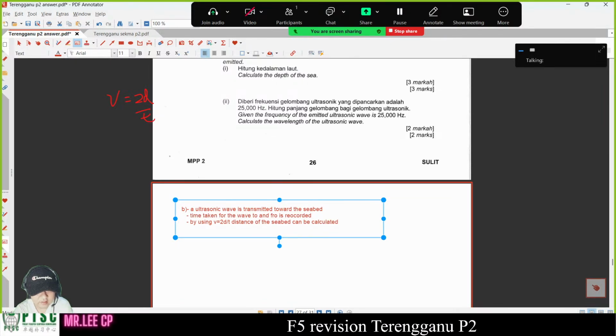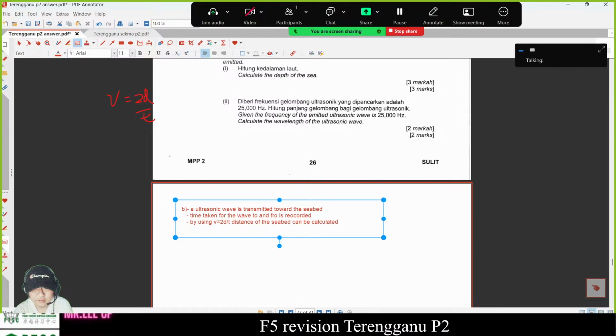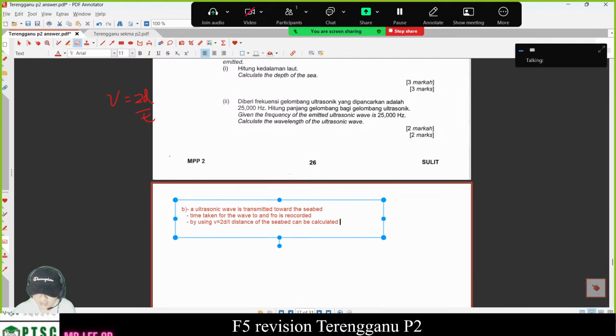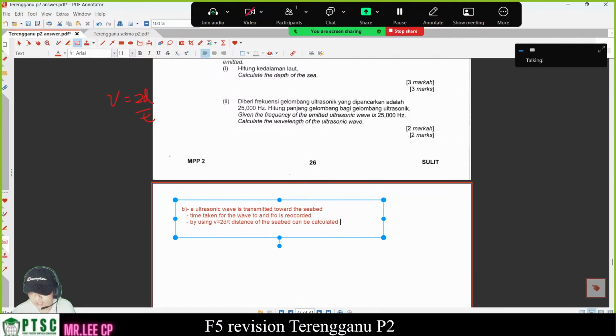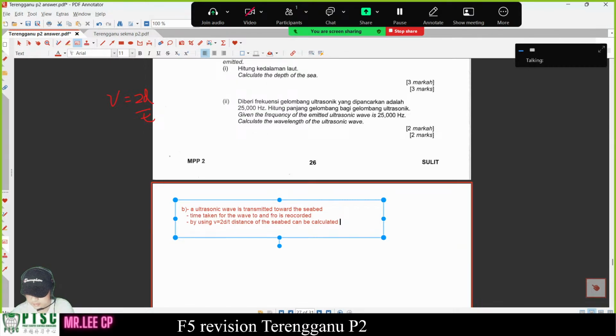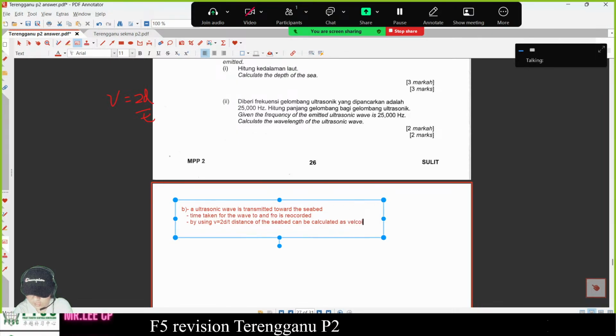So velocity of the ultrasound is 1,500 as a velocity.